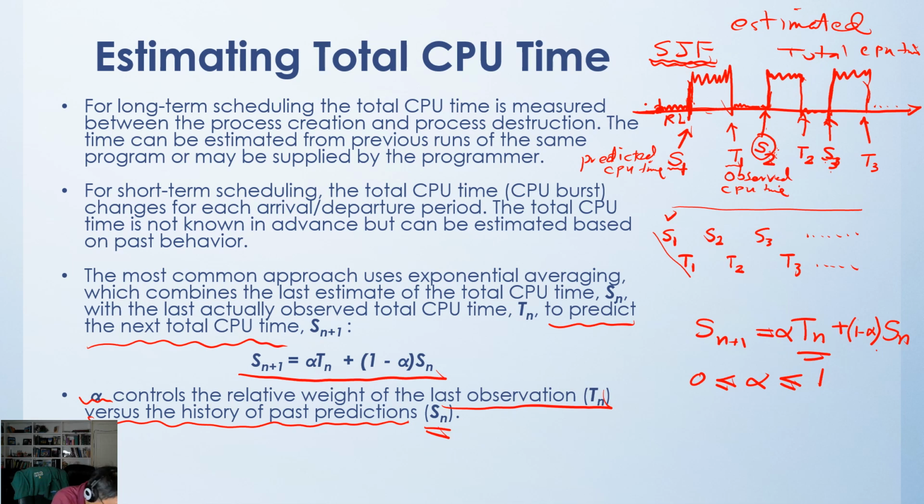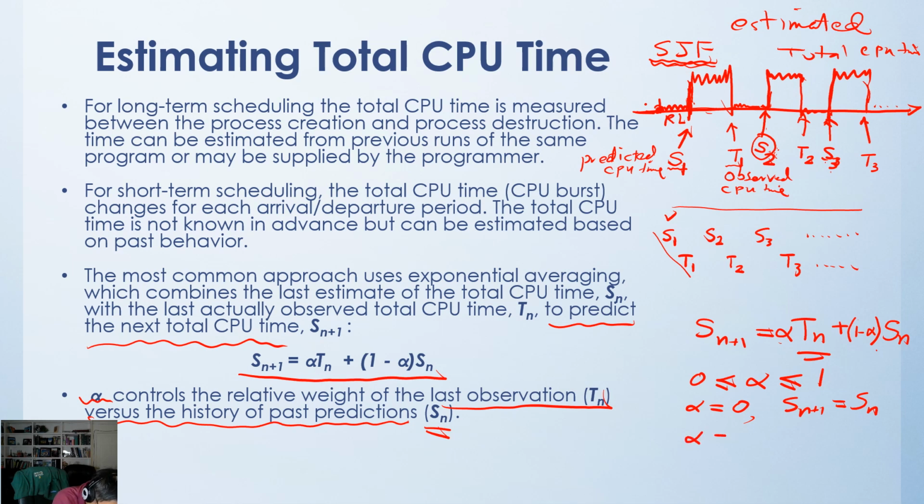Now you can pick, for example, alpha equals 0. Then Sn+1 equals Sn, right? So for the next predicted CPU time, we're going to use the previous predicted one.